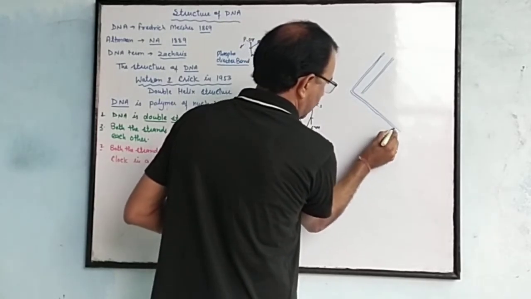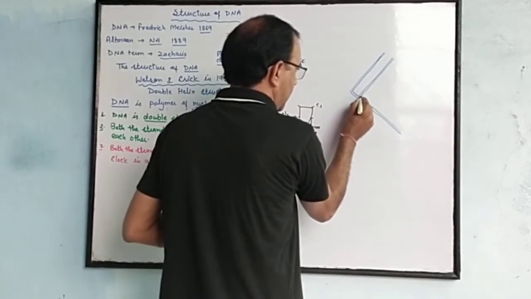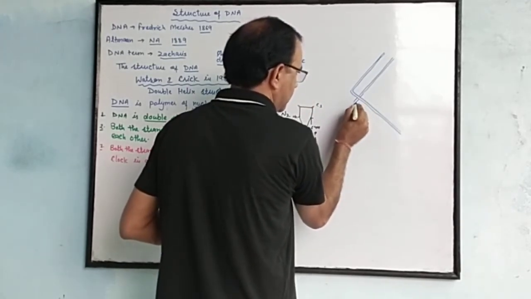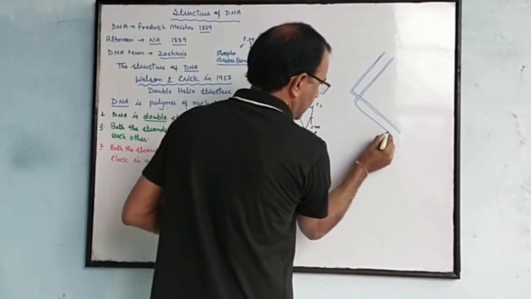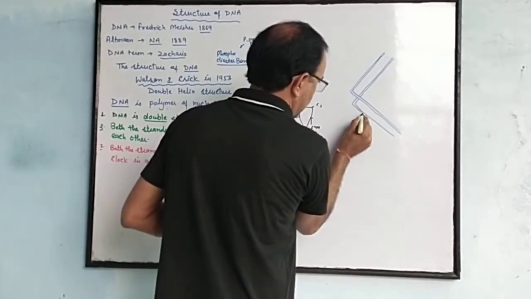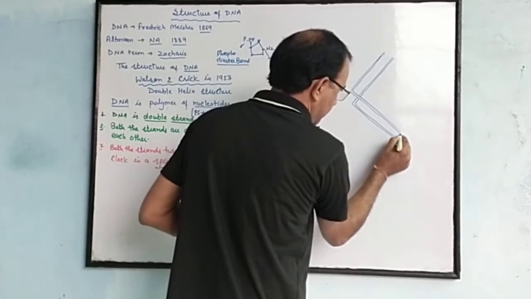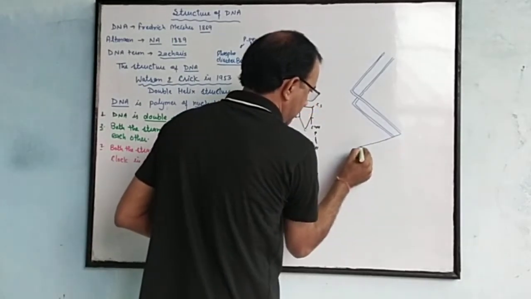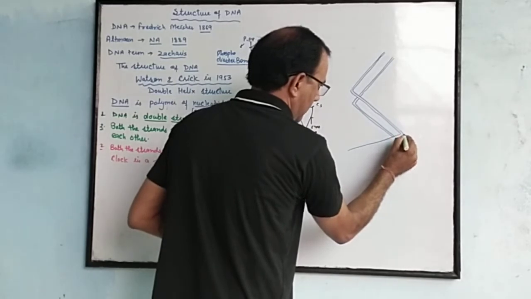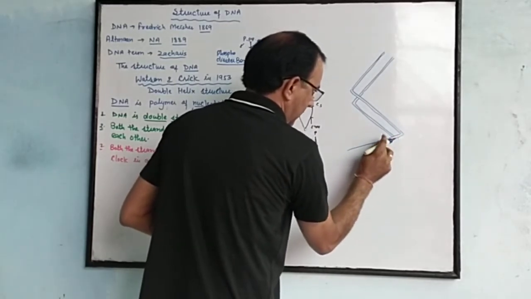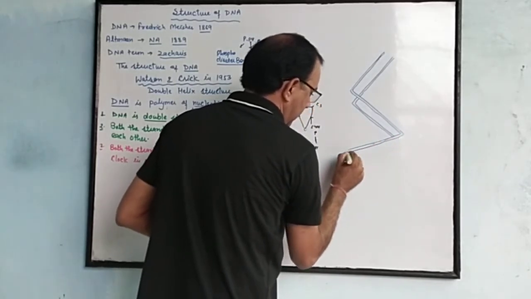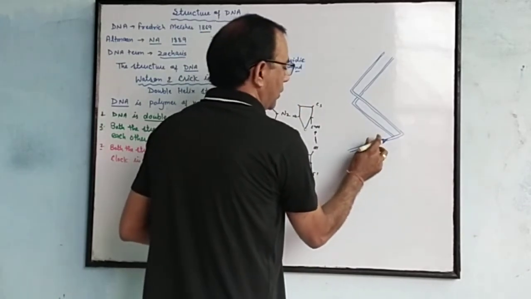In this manner, this is the first strand, and the second one here. These are twisted in such a manner, or you can say in a clockwise manner.